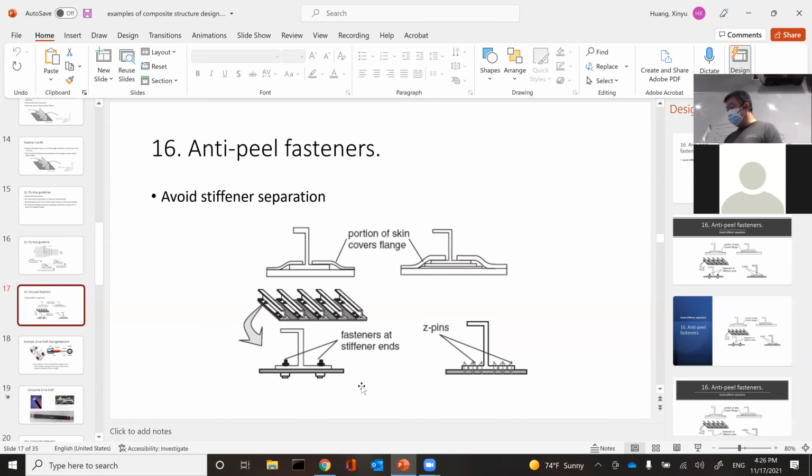Under certain loaded conditions, the stiffener tends to peel off the panel, and then you lose all your reinforcing effect. So this kind of design is very beneficial. It guarantees that the far corner will not peel out from your panel. That's called anti-peel fasteners.